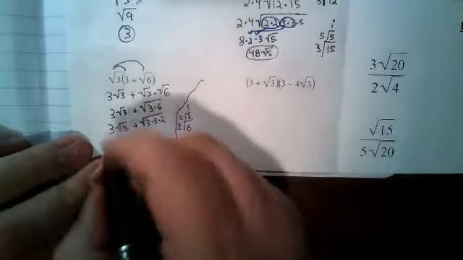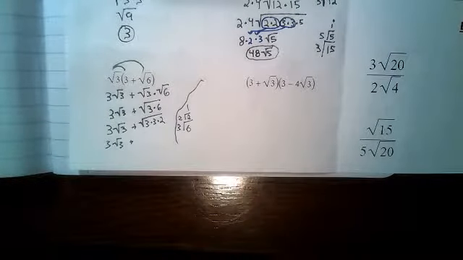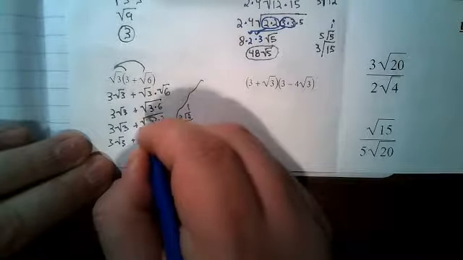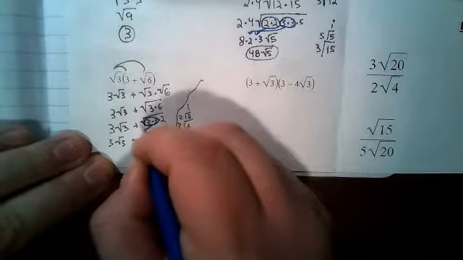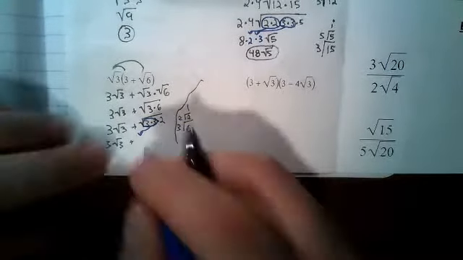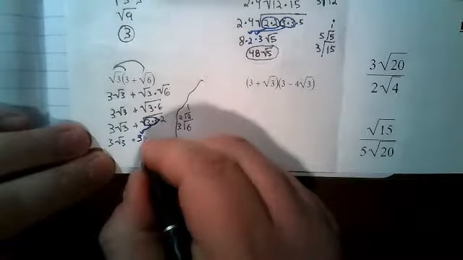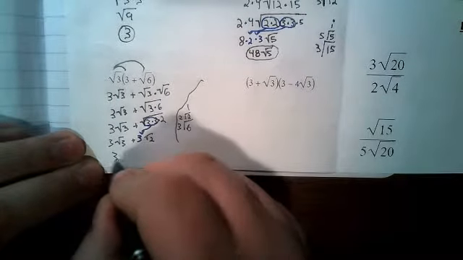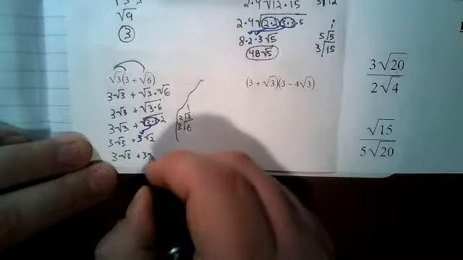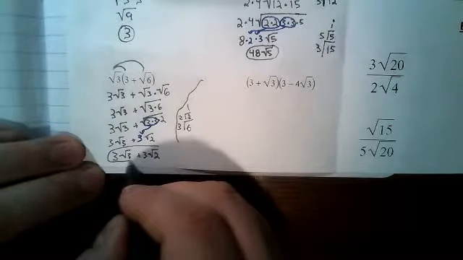So that's 3 square root of 3 plus, and now simplifying square roots, I can take out this 3 and I'm left with 3 square root 2. And that's all I can do. I can't add those together because they have different radicals, right? The square root of 3 and the square root of 2 are very different, so I can't combine them.